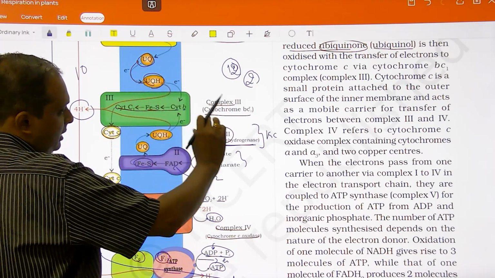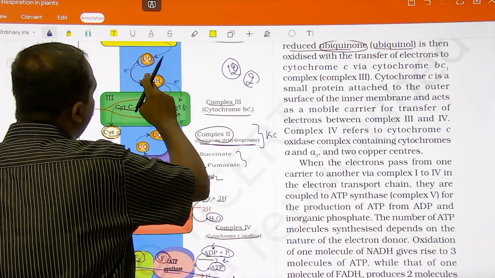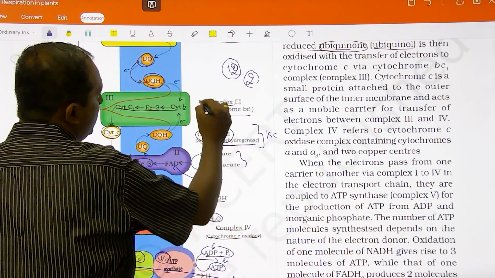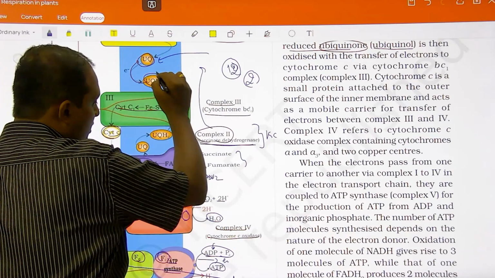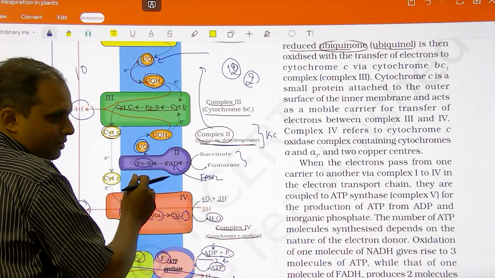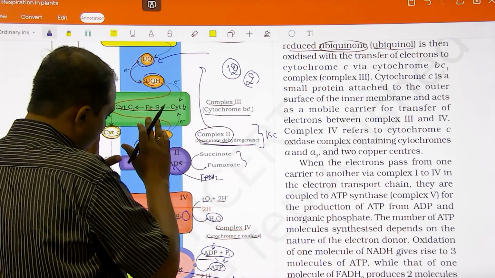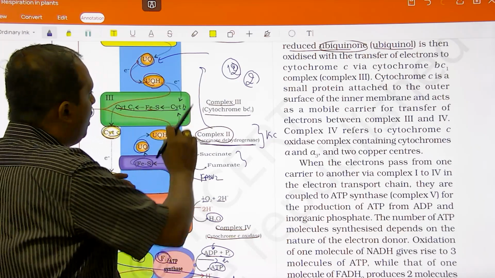அதாவது நான் சொல்றேன் கேளு, இந்த complex 2 இங்க போட்டாலும் இங்க தான் ubiquinolல ஜாயின் ஆகும். புரியுதா? It looks like from complex 2, electron should go to ubiquinol. அவன் இங்க ரெண்டு ubiquinol வச்சிருக்கான்.